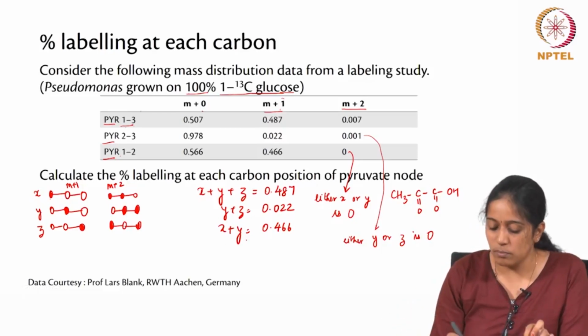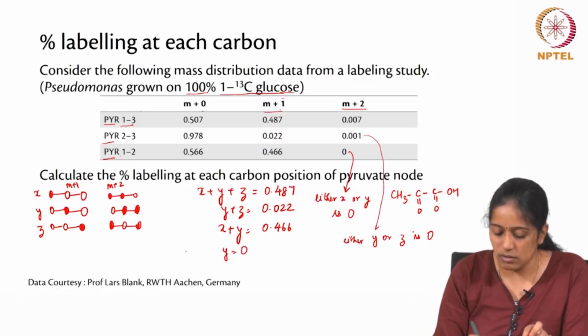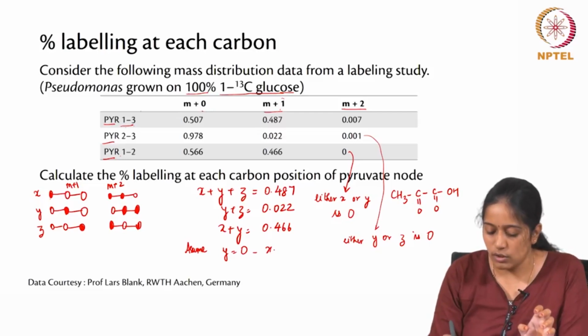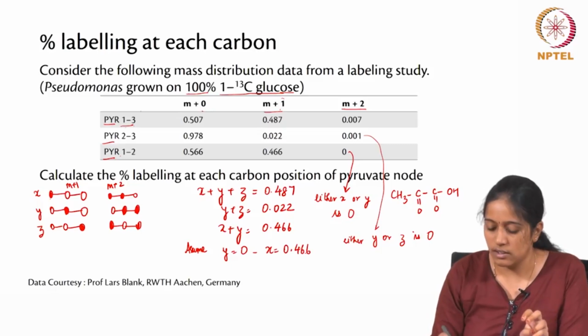So, if I assume y is equal to 0, now this set of equations becomes very trivial to solve. x becomes 0.466 and z becomes 0.022.